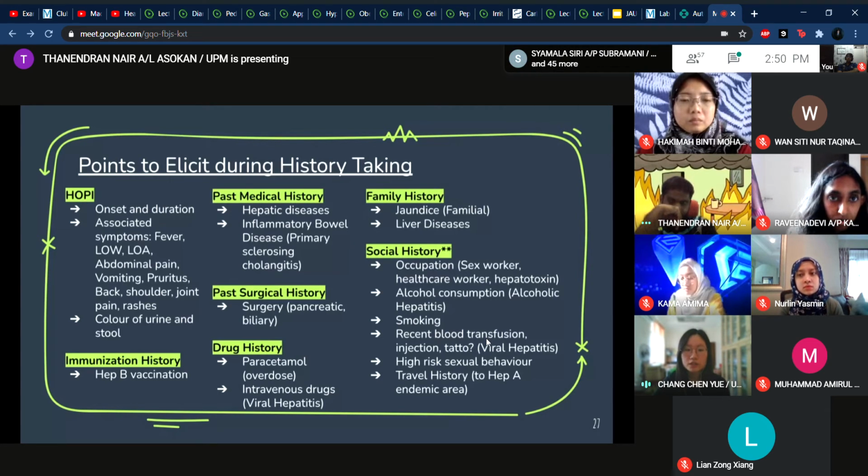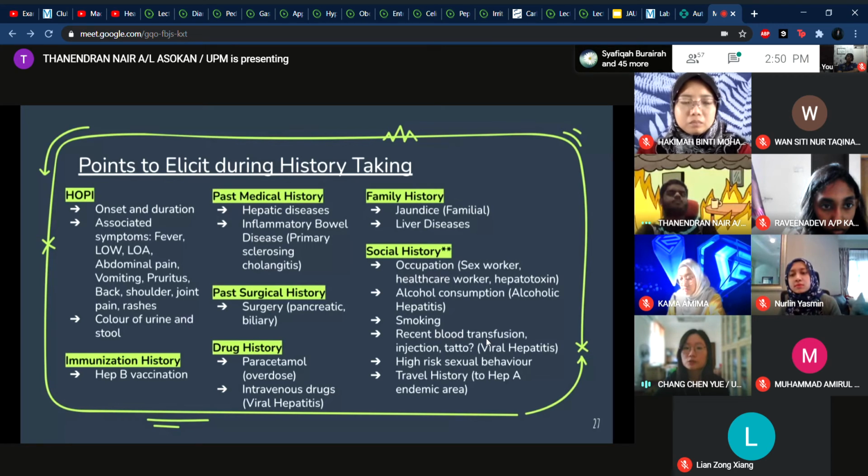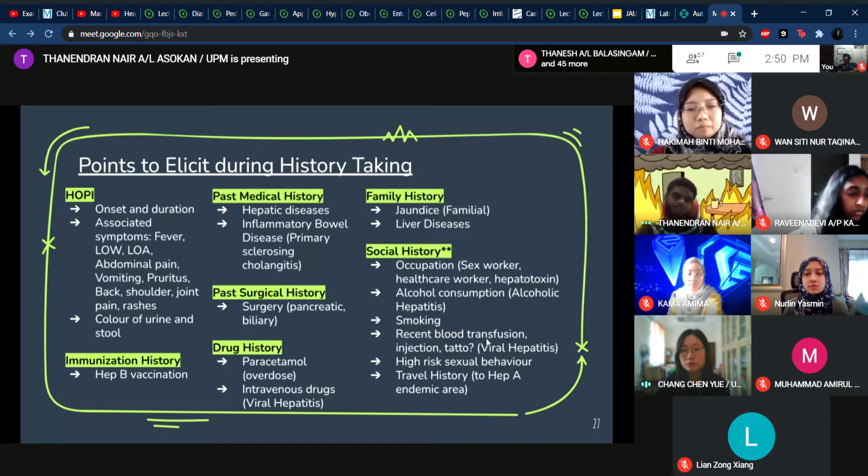And her drug history, like just now, Kanin or Haziq mentioned that paracetamol may cause overdose and lead to damage to the liver. And did she take any intravenous drugs, which may contribute to viral hepatitis? For family history, we can ask about jaundice, which may lead to familial syndromes like Gilbert syndrome and also Crigler-Najjar, and any liver diseases in family members.